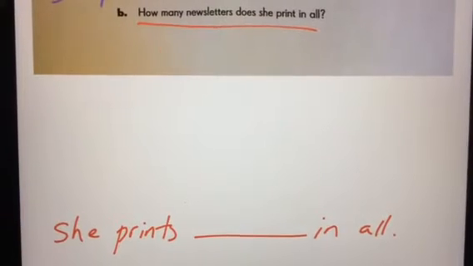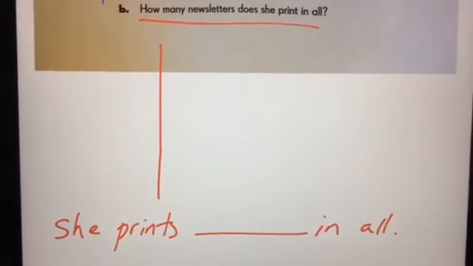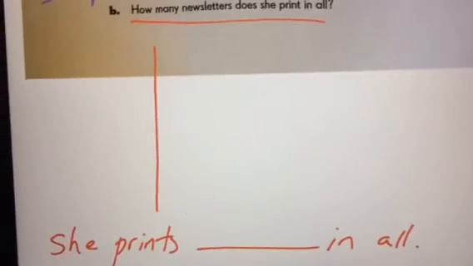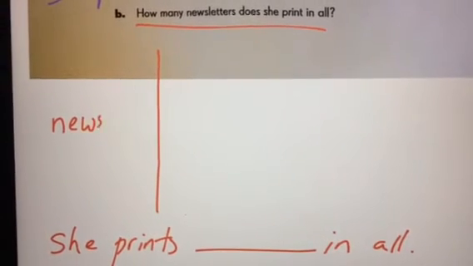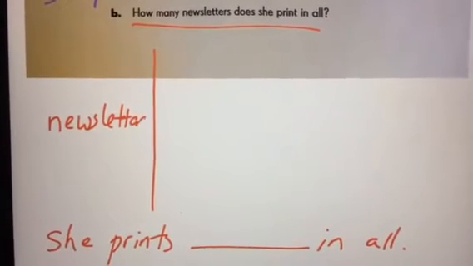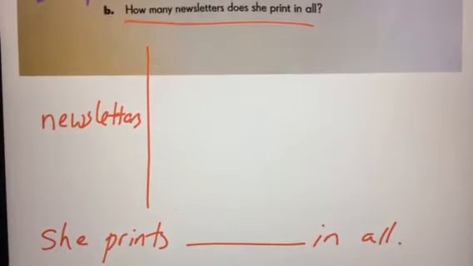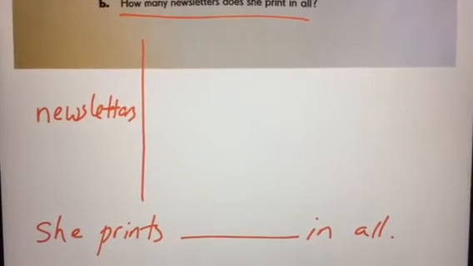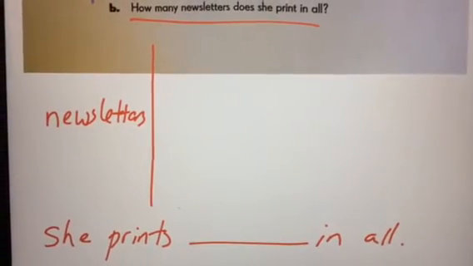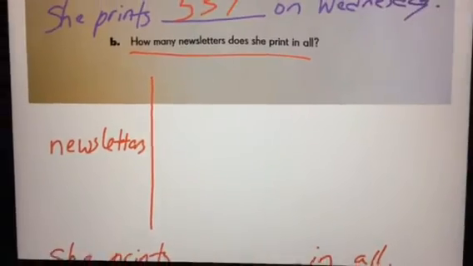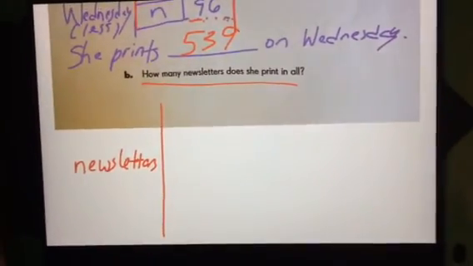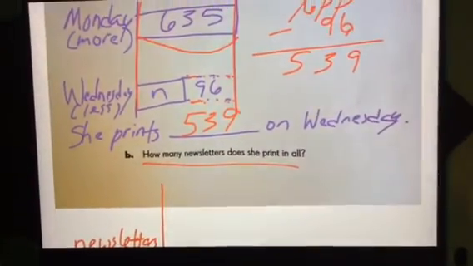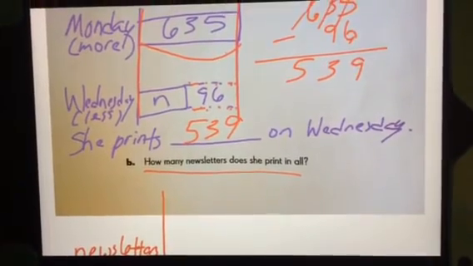Starting line. Who or what is the problem about? Now you're not comparing anymore. You're just talking about the total number of newsletters, right? Okay, so in all. What about in all? And you're like, wait a minute. We have all the information we need for this in the previous problem.